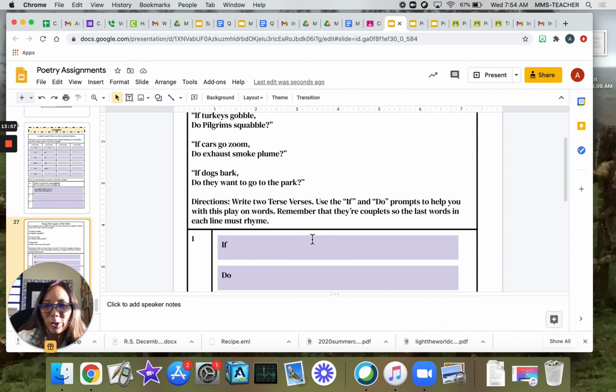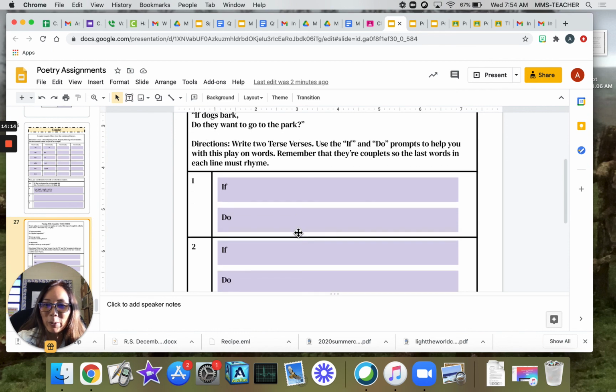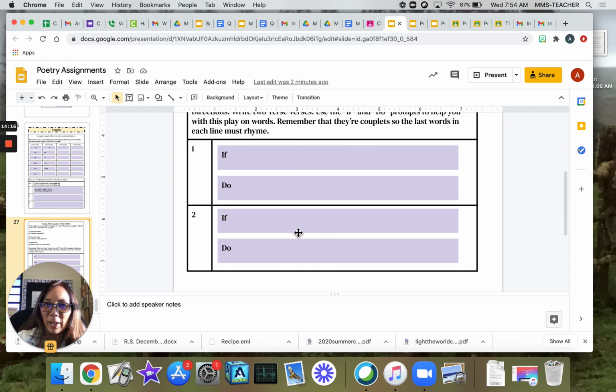So here's what you need to do. Write 2 terse verses. Use the if and do prompts to help you with this play on words. Remember that they're couplets, so the last words in each line must rhyme. We've already filled in the if and do for you.